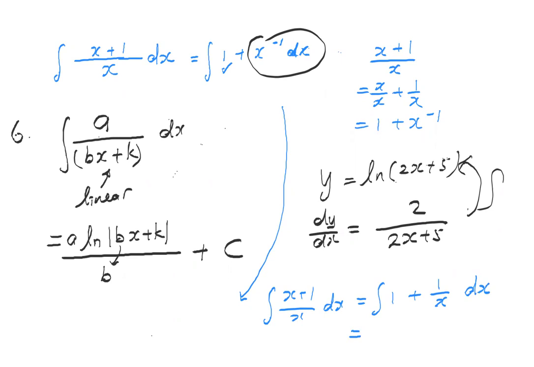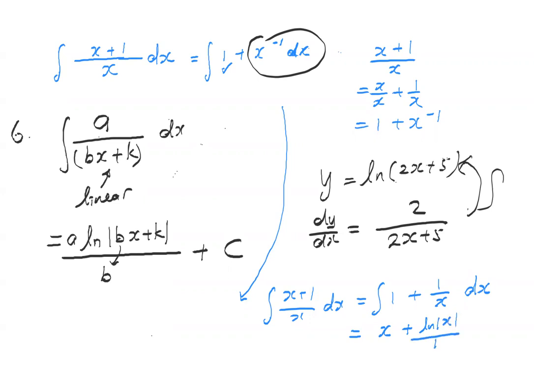Am I too fast? If you integrate 1, what do you get? You integrate a constant, you have the constant times x. Plus, you integrate 1 over x, you get ln modulus x divided by 1.